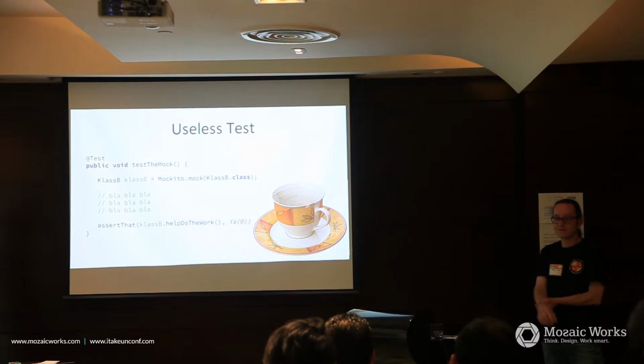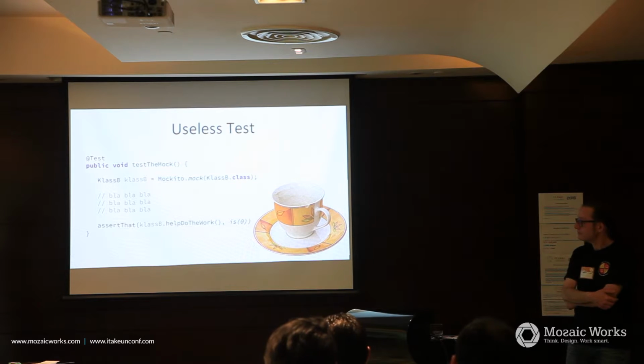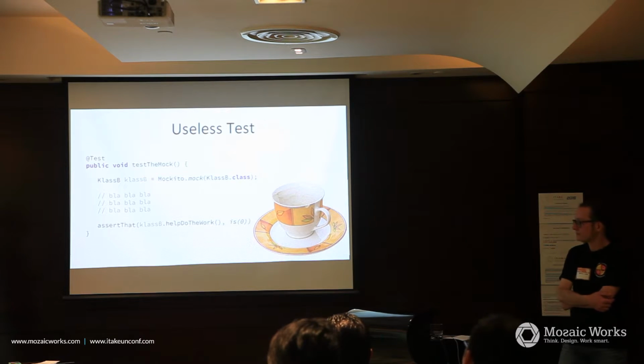When I see that, I already know that the code hasn't been written with testing in mind. I think that is also why mocks have a bad reputation for many people, because sometimes it happens that we test the mock but not the code which we should test.